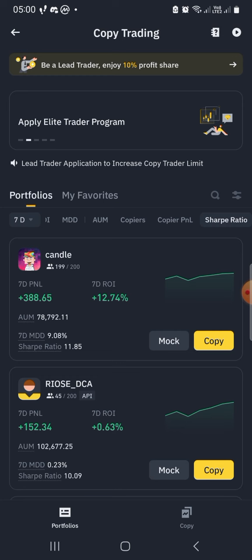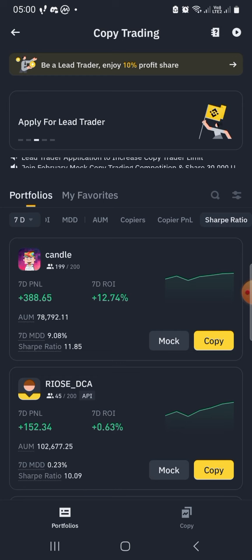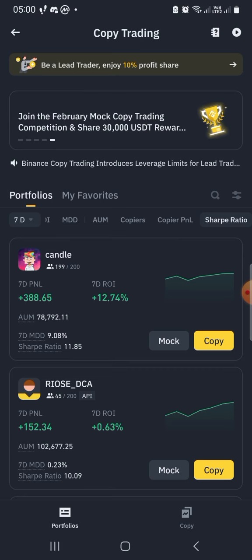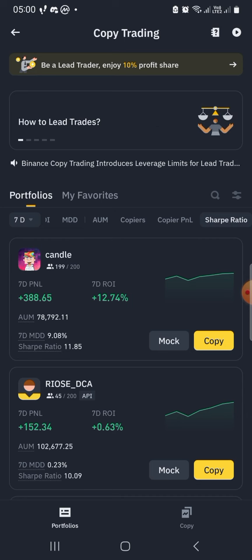Your lead trader may be in profit at a point, but in your account you may be in a loss for that period. Many other factors come into play. Or maybe the lead trader has used a limit or stop order to open the position, but the order hasn't been fully filled. That can also make you see losses in your account.